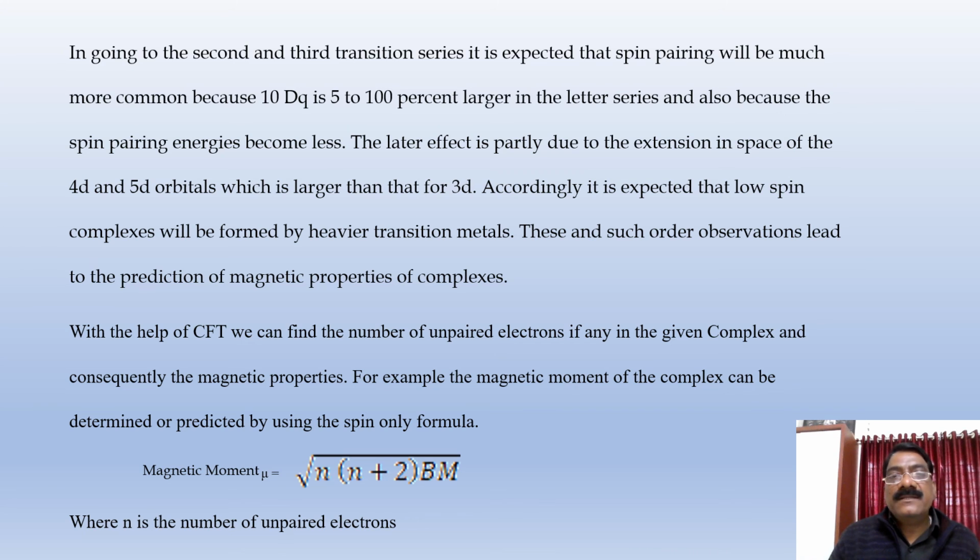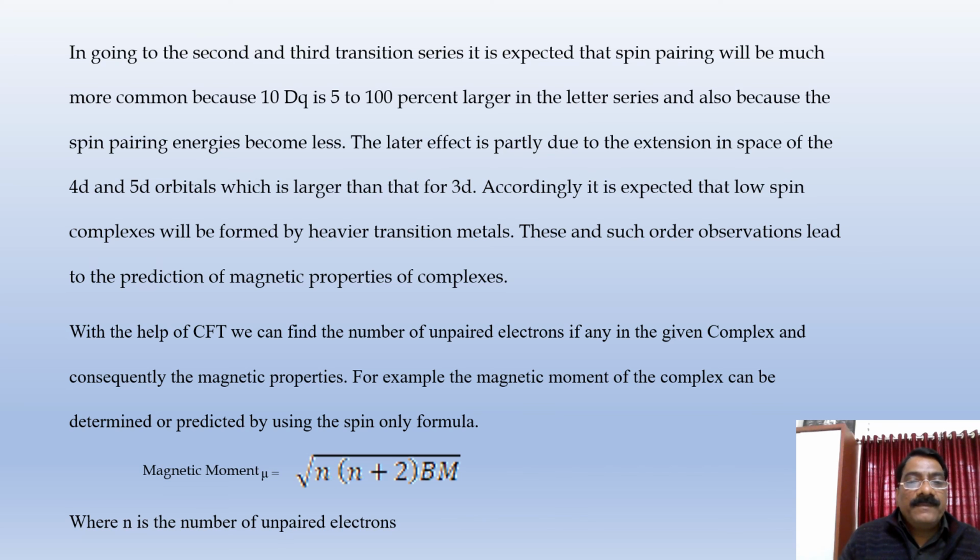The latter effect is partly due to the extension in space of the 4d and 5d orbitals, which is larger than that for the 3d. Accordingly, it is expected that low spin complexes will be formed by heavier transition metals. These observations lead to the prediction of magnetic properties of the complex.